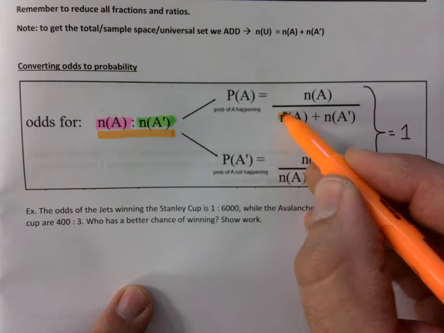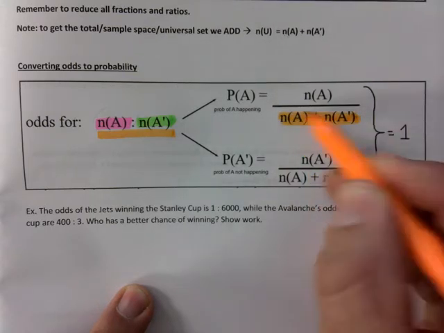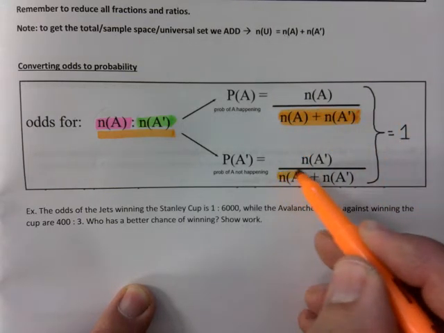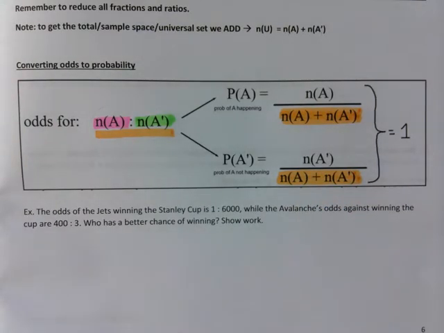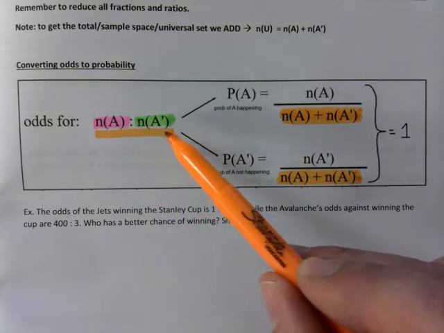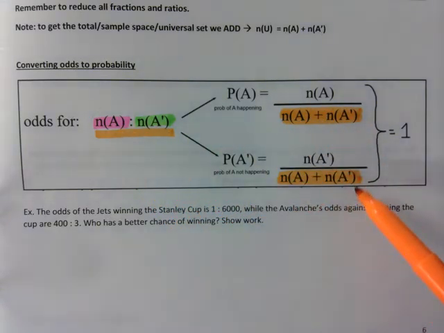So notice that in both cases, when you're stating the probability, what's the first thing you should be doing? You should add both numbers of the odds. You should add it and put it in the denominator immediately.